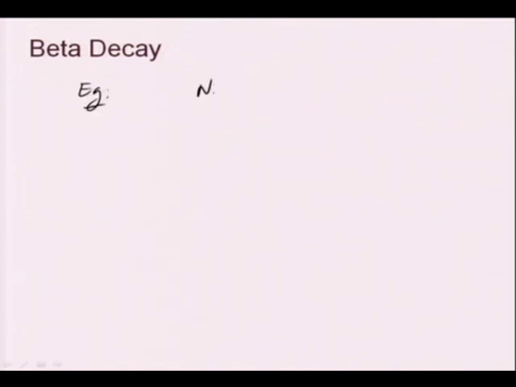Say in an example, let us consider neon with 10 protons and 13 neutrons, which is radioactive. It decays to sodium with 11 protons and 12 neutrons, and an electron and an antineutrino.